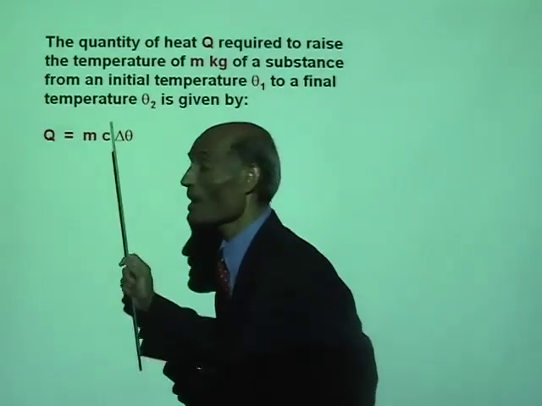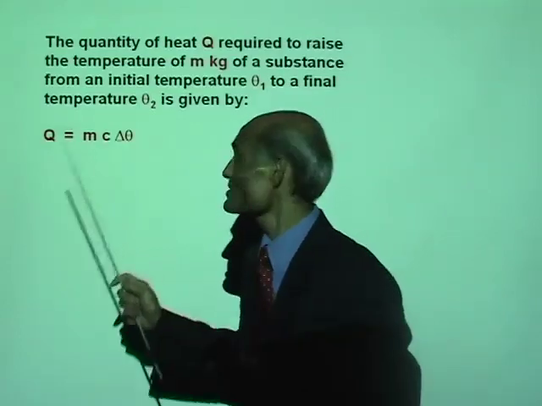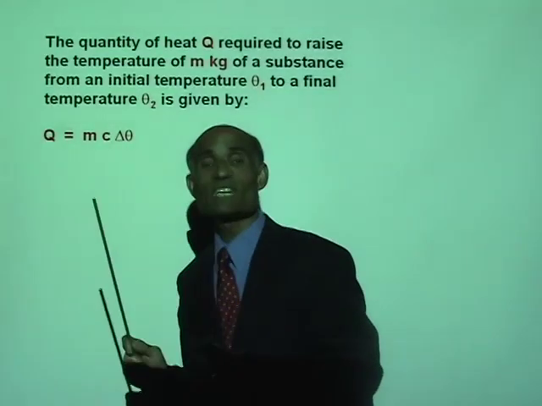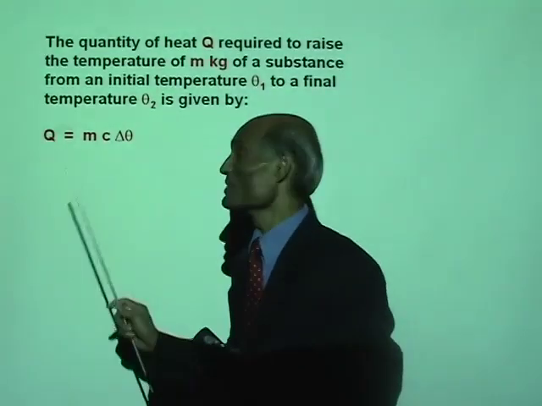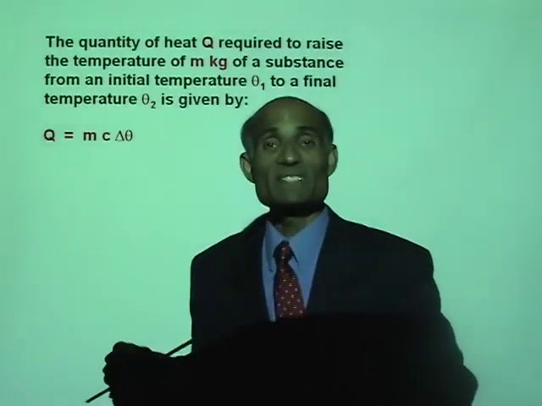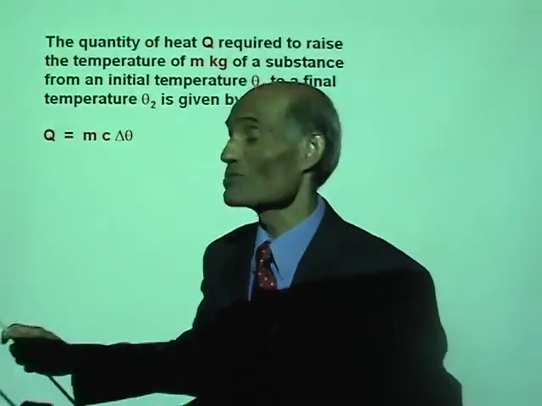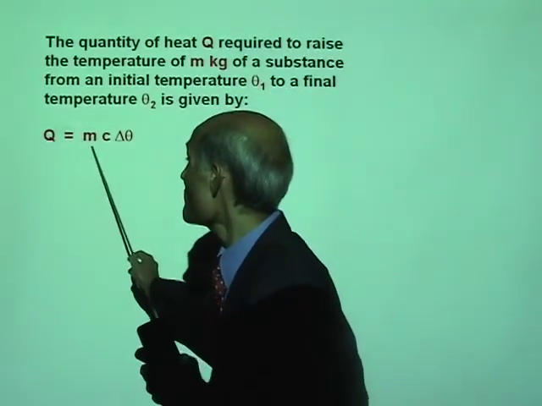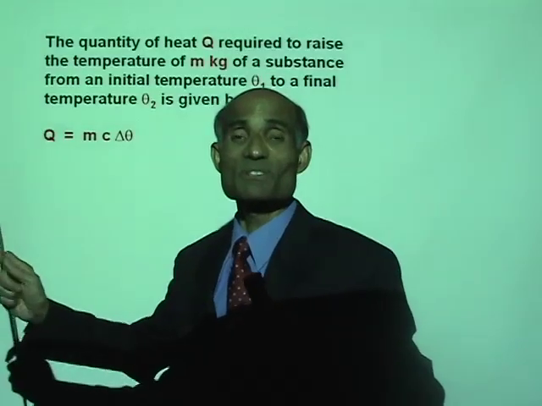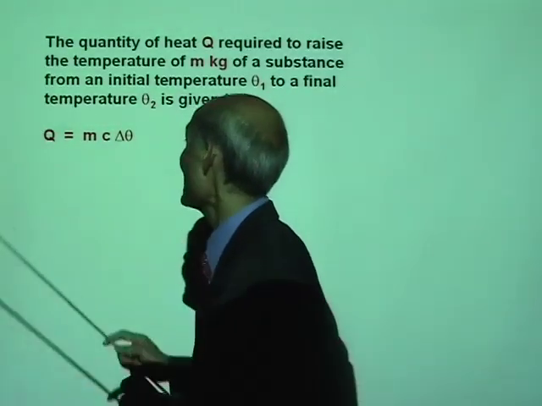Delta theta is the change in temperature. M is the mass of the object. C is the specific heat of the substance. And delta theta is the change in temperature. So what does m c delta theta give you? It's a measure of the quantity of heat required to raise the temperature of m kilogram of a substance by a temperature difference of delta theta.